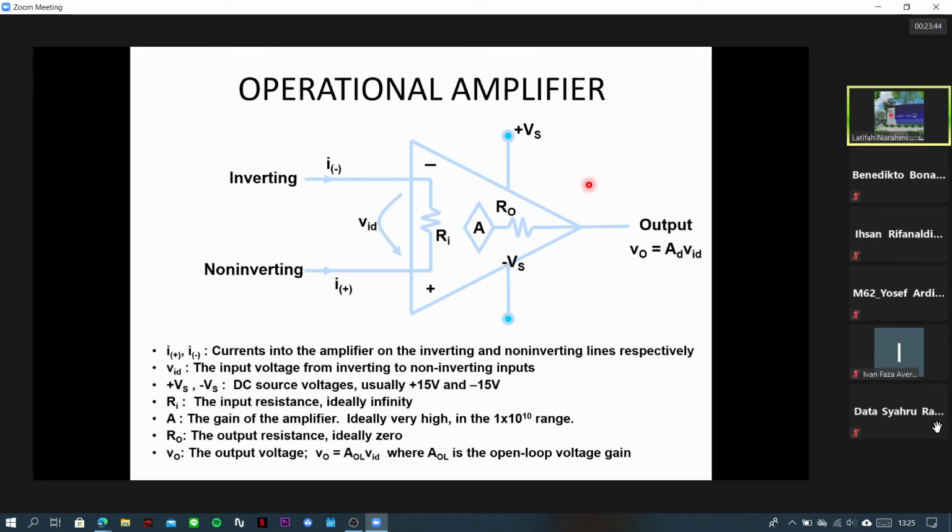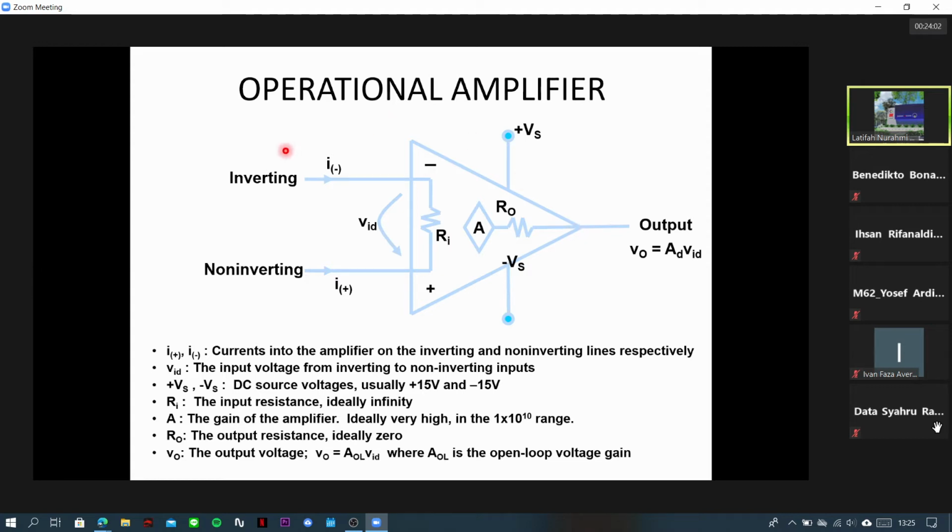Okay, operational amplifier, or we usually call it by the abbreviation op-amp. The symbol is a triangle like this.